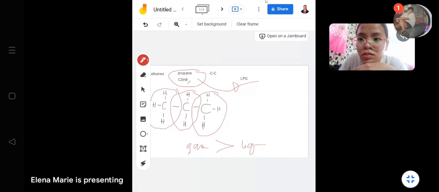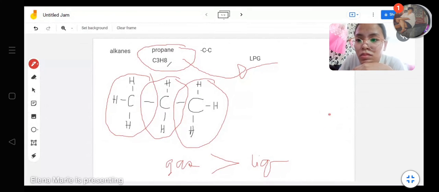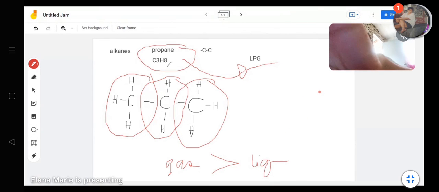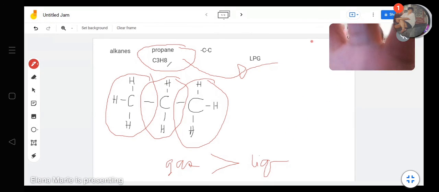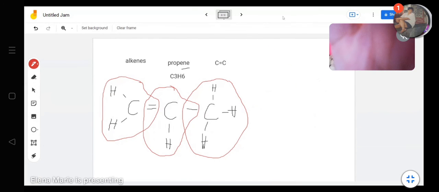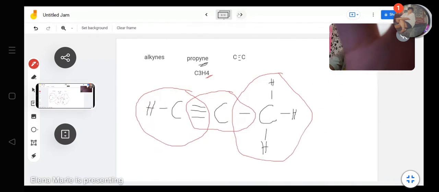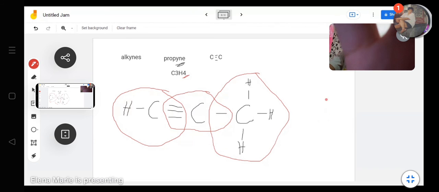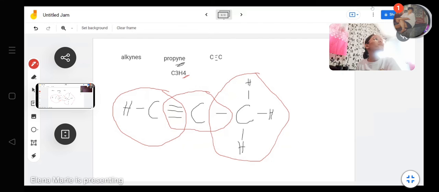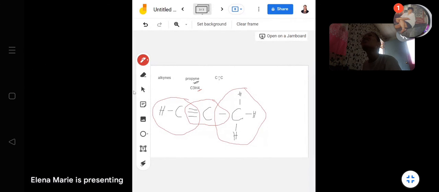Okay, you want to do screenshot? Okay, screenshot. 5, 4, 3, 2, 1. 1, 2, 3, 4, 5. 5, 4, 3, 2, 1. 1, 2, 3, 4, 5. 5, 4, 3, 2, 1. 1, 2, 3, 4, 5. Okay, guys. Sige. Ay ba? Stop sharing na po.